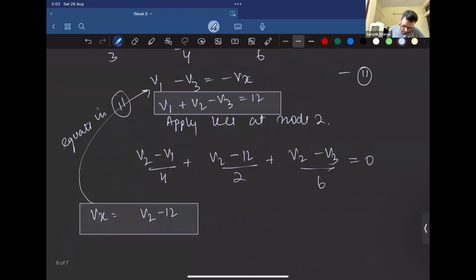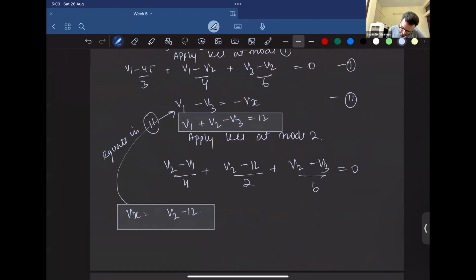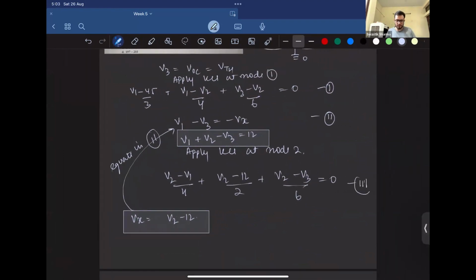So we have three equations in three variables. So we'll solve it.